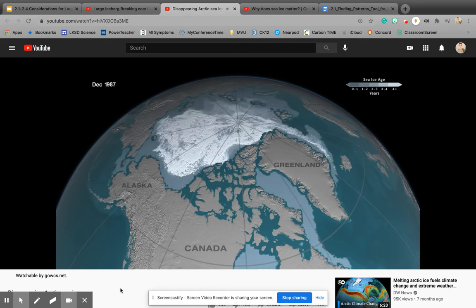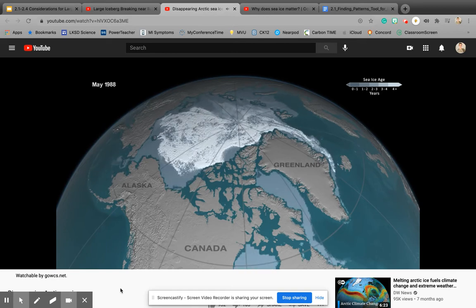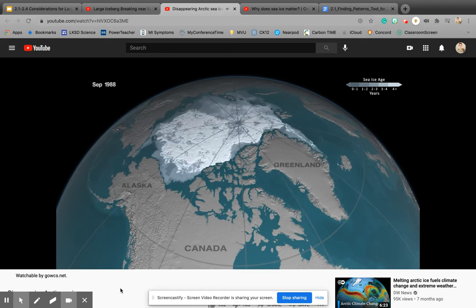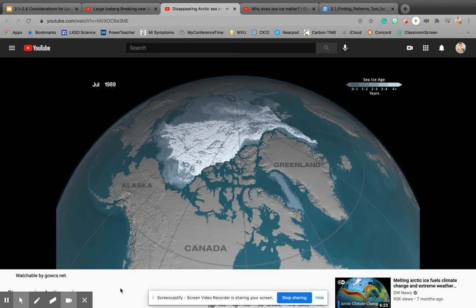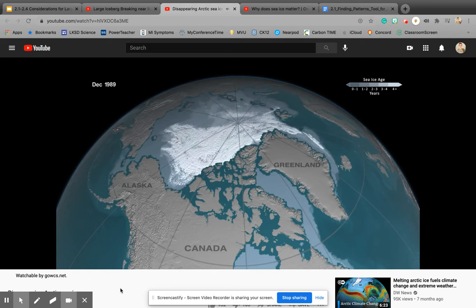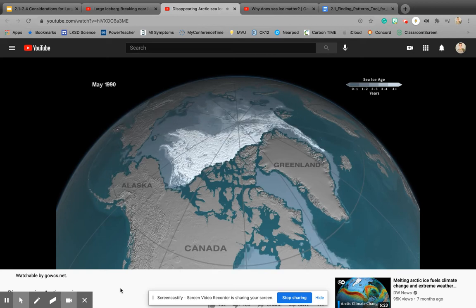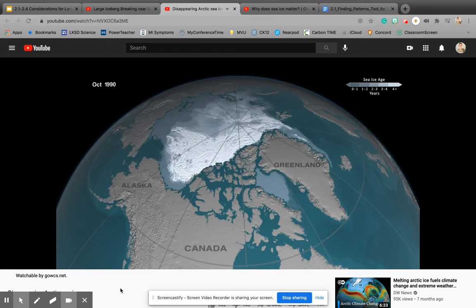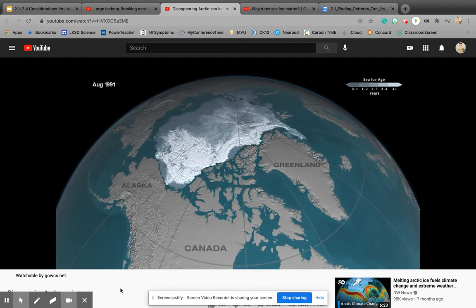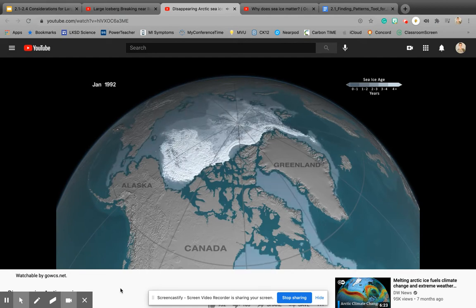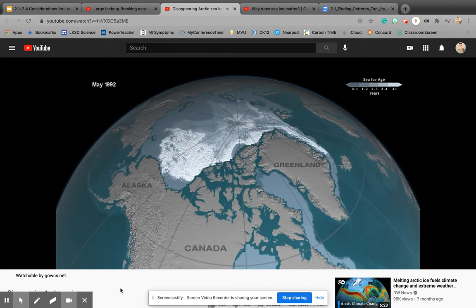So we're in 1987. What you see in this animation is the ice pulsing out and in with the seasons. In winter, the ice grows out and expands outward. In summer, it contracts inward as it melts. You see the whiter ice, which is the older ice, moving around the Arctic, being pushed around by winds and currents that move the ice.